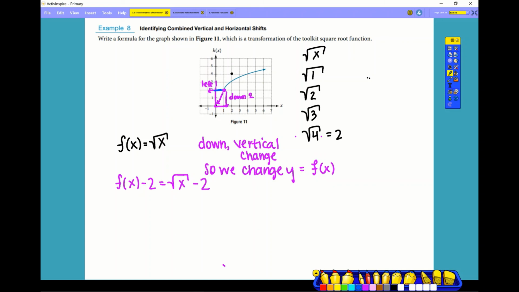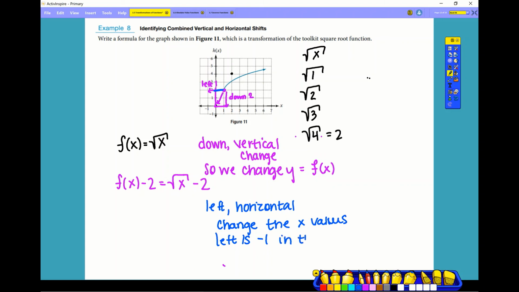But now if I want to go over a unit to fill this gap here, so if I'm going to go left, that change is horizontal. And since I need to go left, I need to subtract from the x's. Horizontal means we're going to change the x values. And left is minus 1 in the x's.